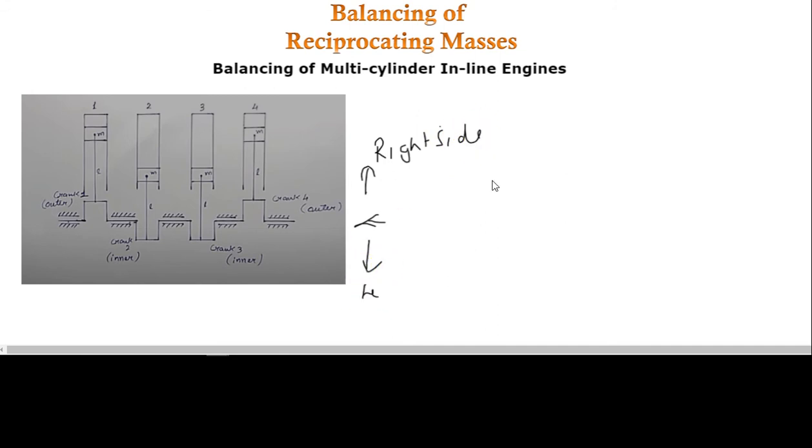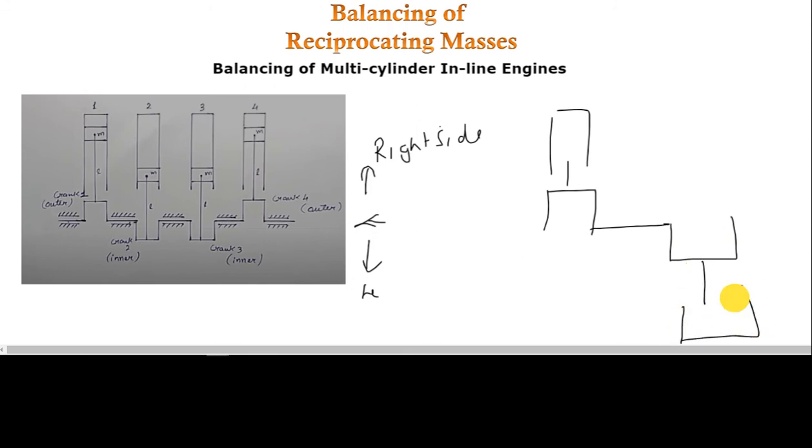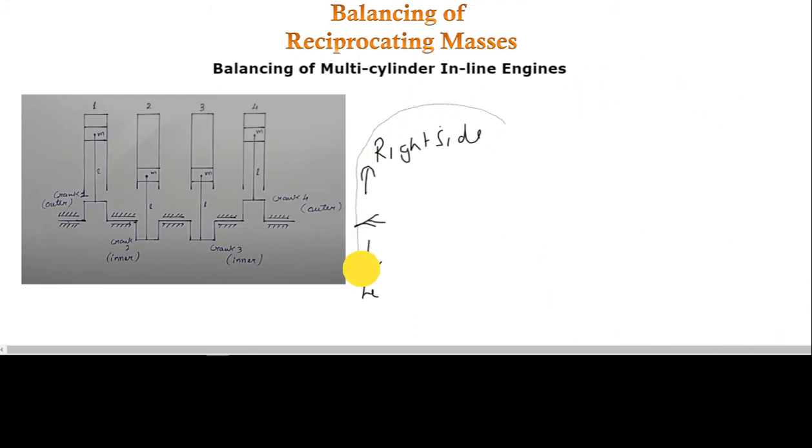It cannot be in a zigzag fashion like this, one cylinder here and the next cylinder on the other side of the crank. This is not an inline engine. Inline engine means all the cylinders will be on the same side of the crankshaft. So that is what is known as an inline engine.